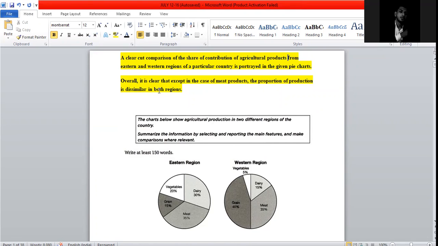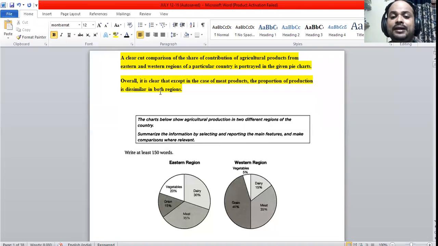Overall, it is clear that except in the case of meat products, the proportion of production is dissimilar in both regions. You can say in case of meat, in the eastern region it is 35%, and in the western region it is 35%.